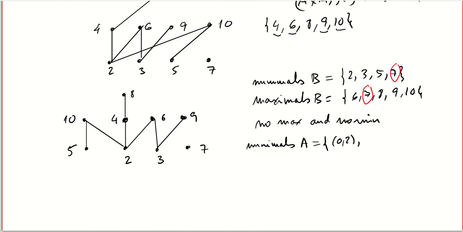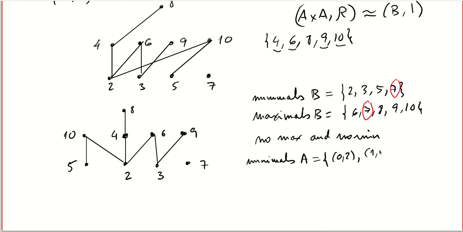It's 1, 2. Okay. Then 5. 5 is 0, 5. That's right, 0, 5. And 7 is 2, 5.